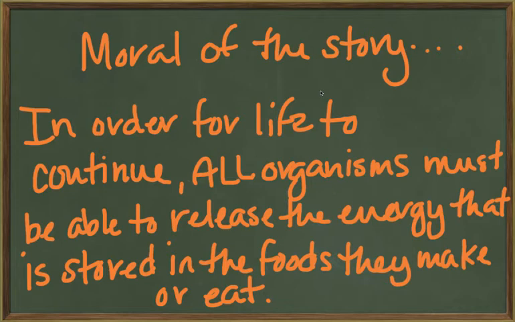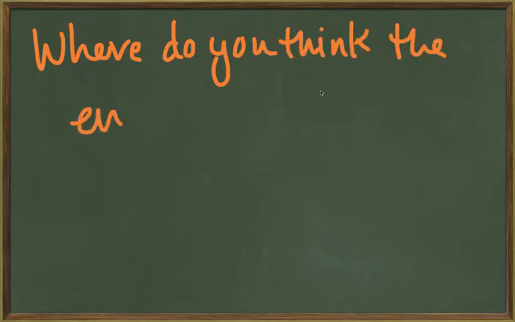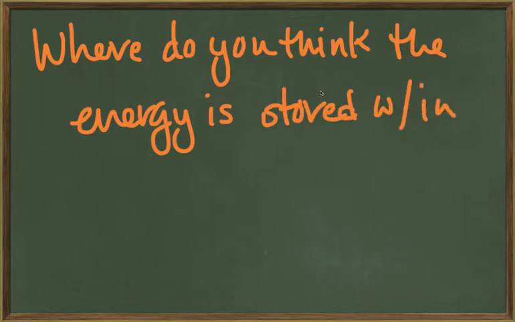So each organism, whether I'm talking heterotroph or autotroph, has come up with certain ways in order to harness that energy and to also store it and eventually release it over time. Speaking of that energy, where do you think the energy is stored within food?